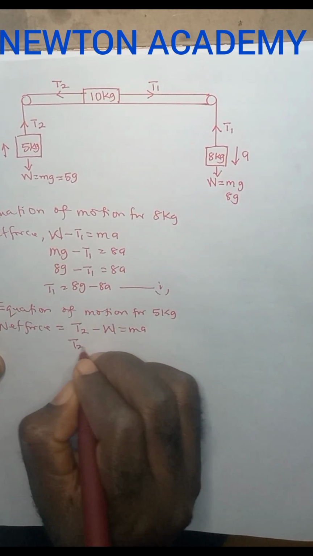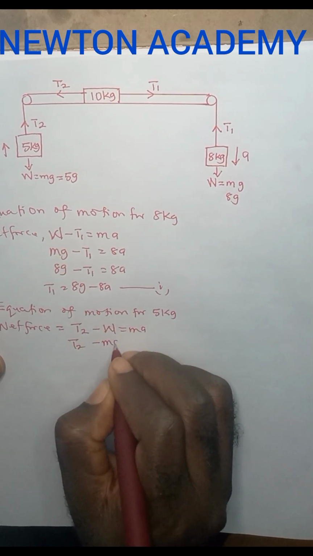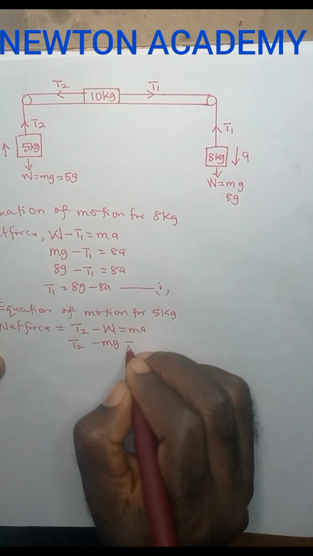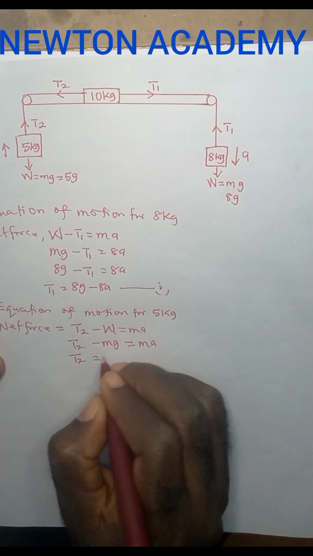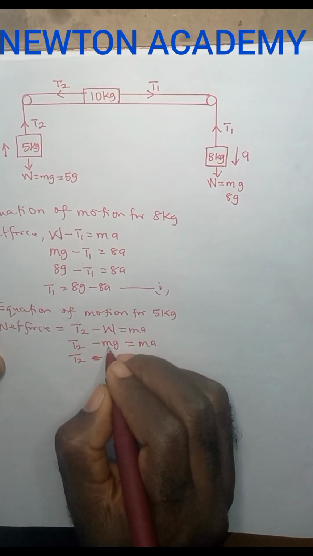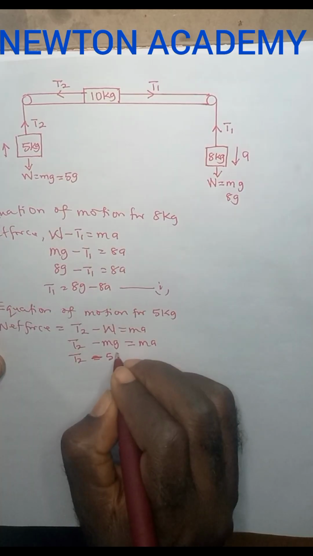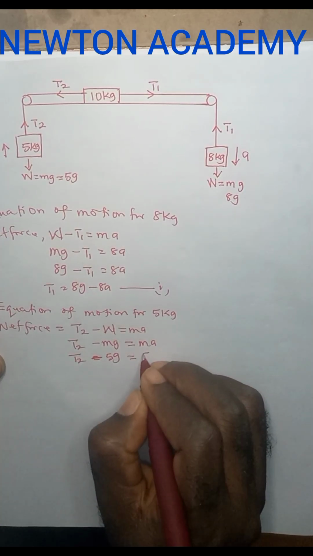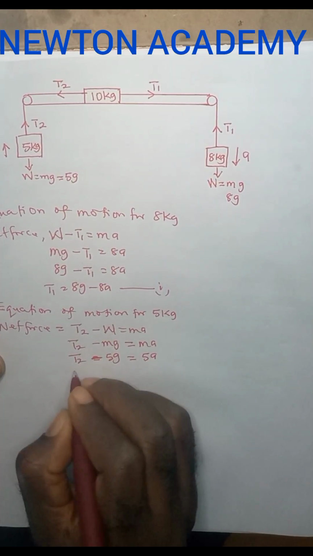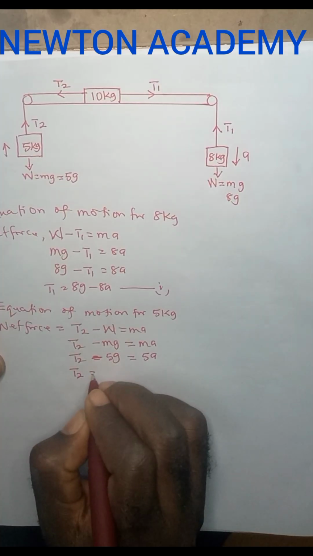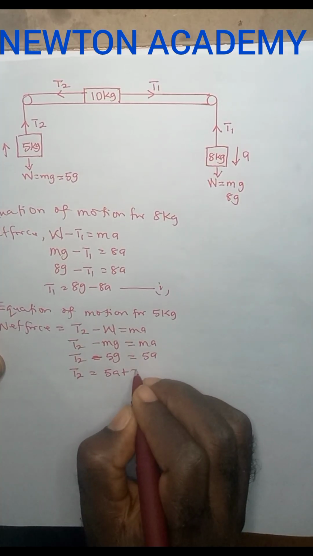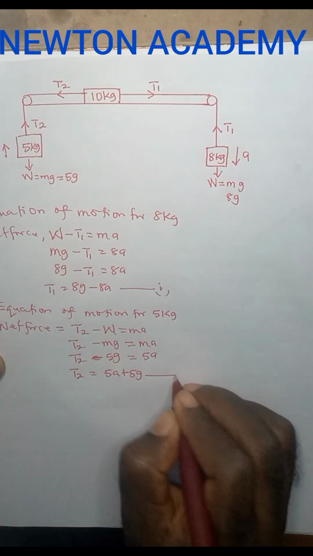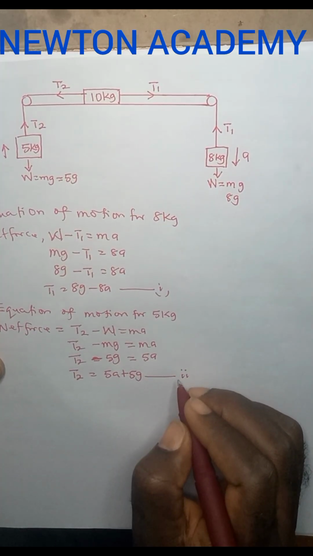Then we have T2 minus the weight, which is the mass times g, acceleration due to gravity, is equal to ma. Then T2 minus 5g is equal to 5a. We make T2 the subject of the formula. We have T2 is equal to 5a plus 5g. Let us call this one equation 2.